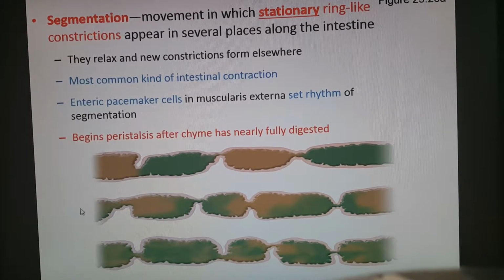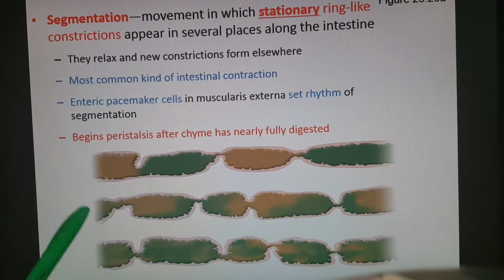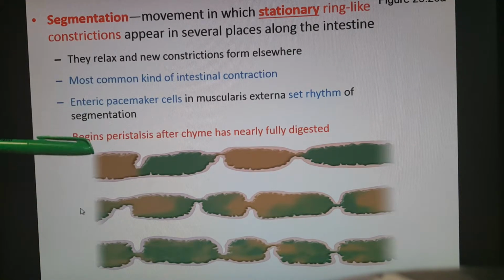So as your small intestines is digesting your food, it happens in a step called segmentation. So these 3 bars are the same section of your small intestines, where you have your food and your different digestive juices.